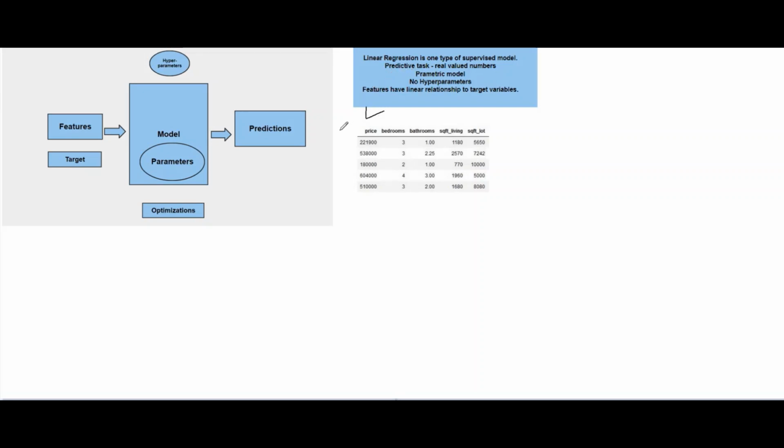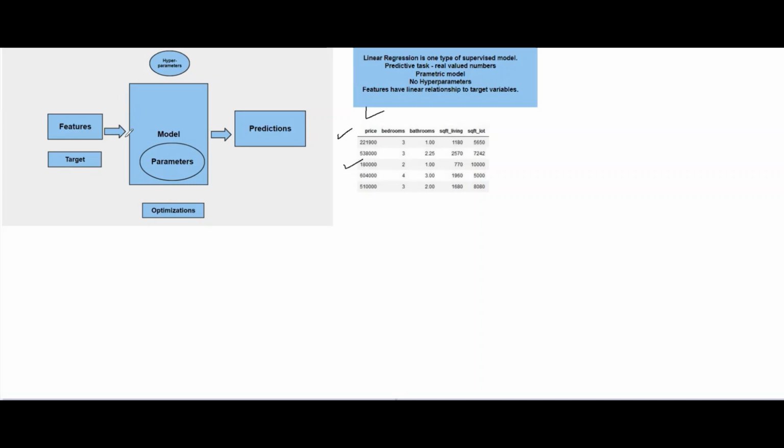So what does it mean? Suppose we have data like this, and this data I took from Kaggle. It is house pricing information, based on the number of bedrooms, bathrooms, square foot living, square foot lot, and we have the house price information here. So how does the model actually work?